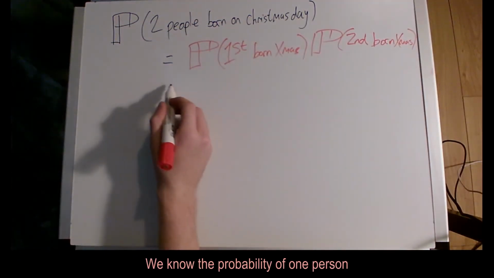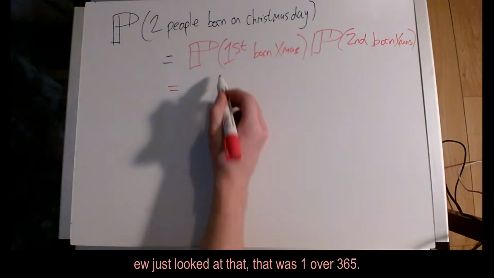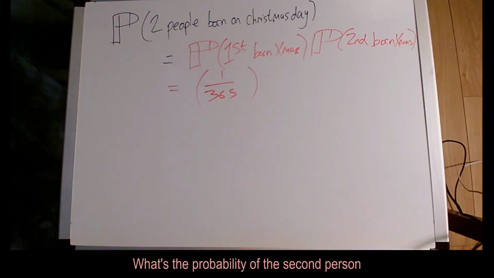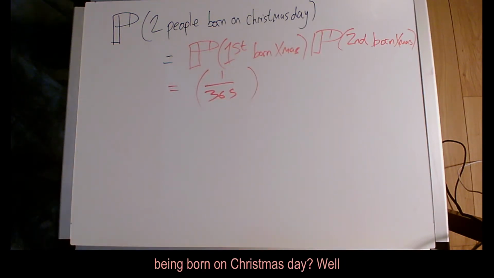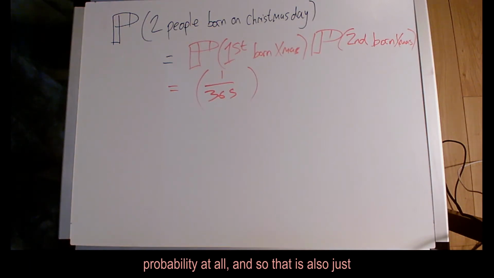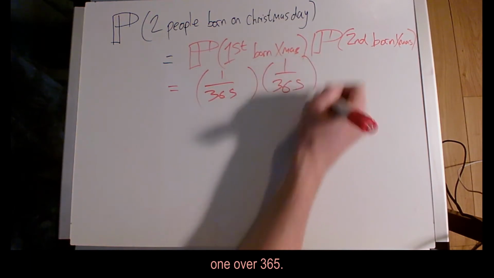Well, we know the probability of one person being born on Christmas Day. We just looked at that. That was 1 over 365. What's the probability of the second person being born on Christmas Day? Well, the fact that the first person was born on Christmas Day doesn't change its probability at all. And so that is also just 1 over 365.